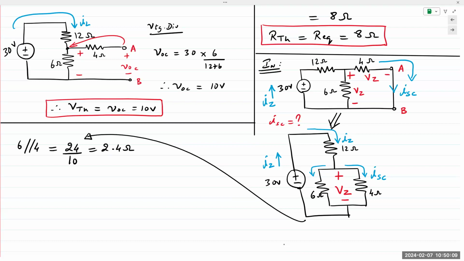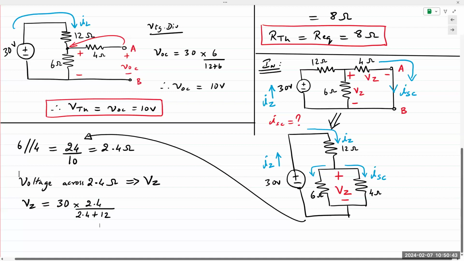So VZ is the voltage across that 2.4 ohm resistor. And VZ can simply be given as a fraction of 30 volts times 2.4 divided by 2.4 plus 12 from voltage division.